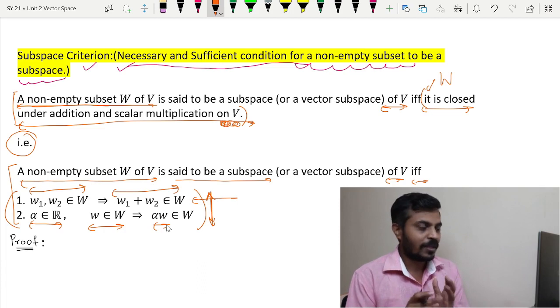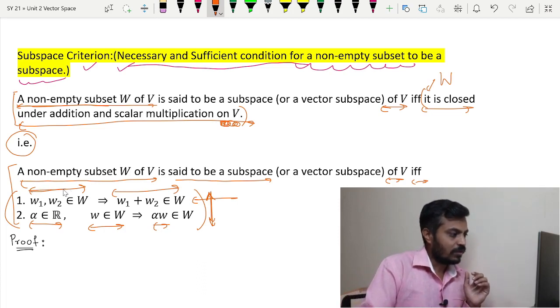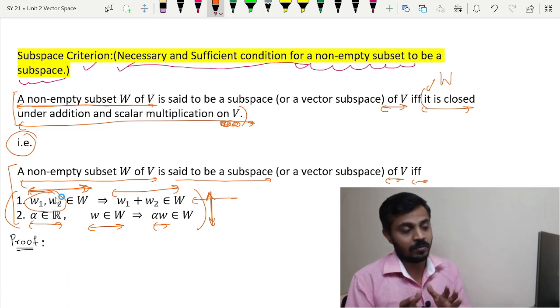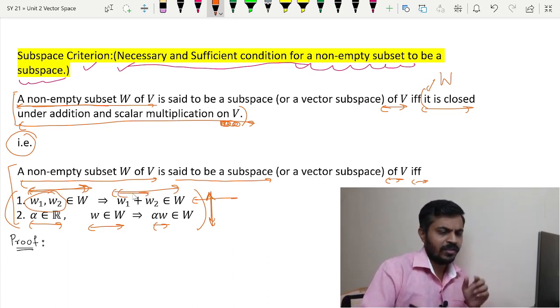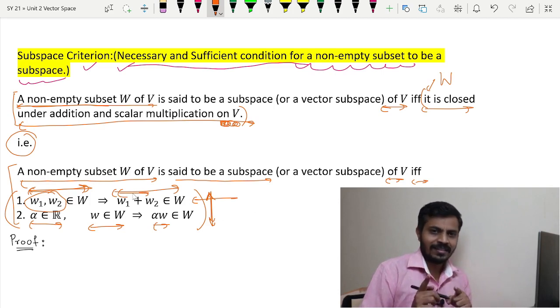Now take a note that it is very important that whatever elements we are taking, that two elements we are taking from W, and we are showing that the sum again lies in W. And if you remember, this is exactly the definition of set closed under addition, right?